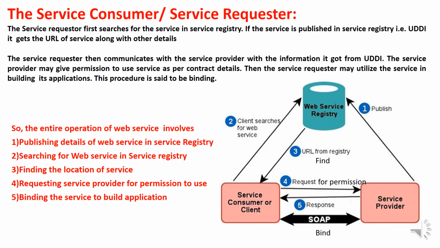Fourth operation is service requester communicates with service provider to get consent to utilize the service. Fifth operation is service provider gives the permission as per the contract details to the service requester, and the service requester binds the service to develop its application. This is the procedure of using web services. This is same as service-oriented architecture.